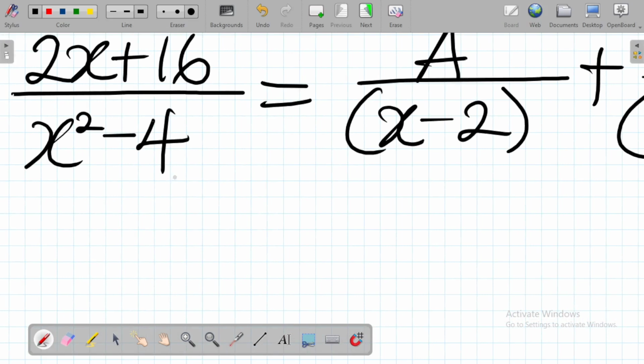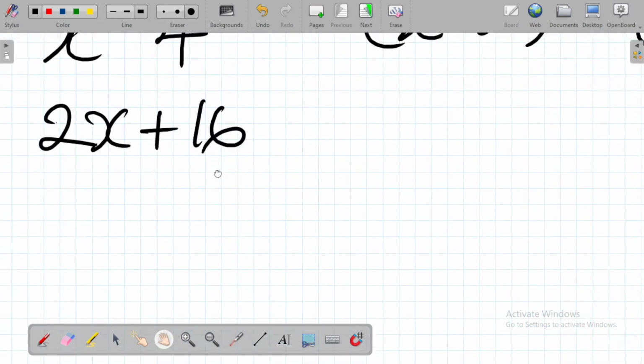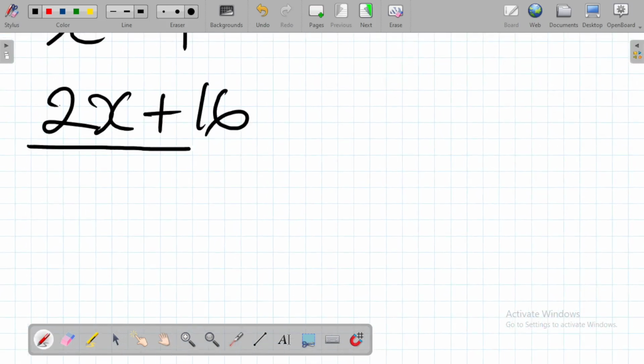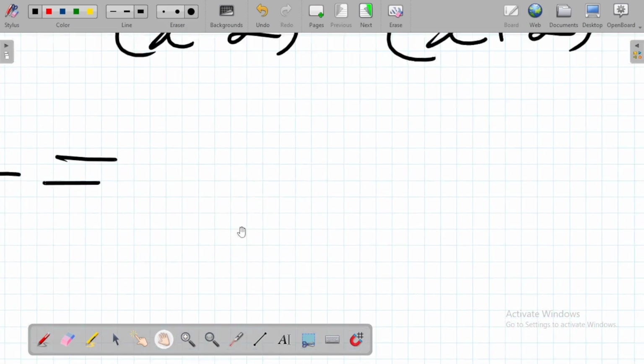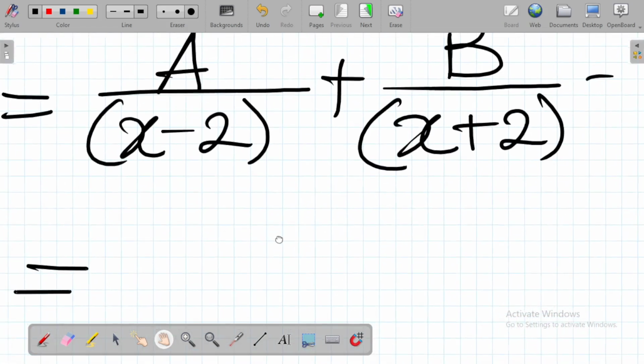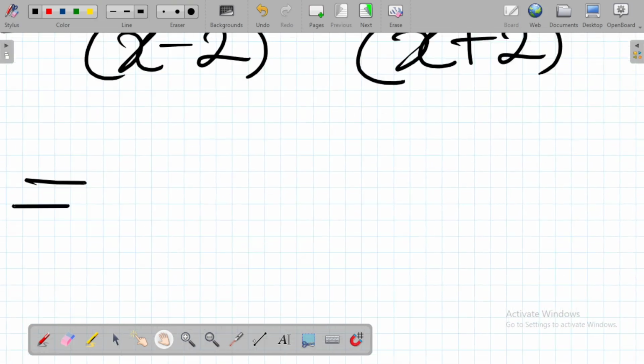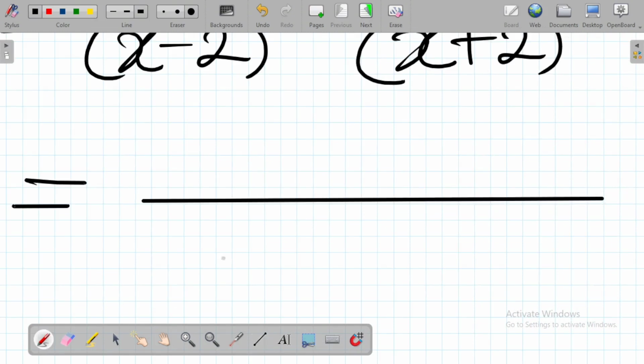So our next task is to take the LCM of the denominators at the right hand side. So here we have 2x plus 16 all over x squared minus 4 is equal to the LCM of the denominators, which is simply multiplying the 2 denominators.